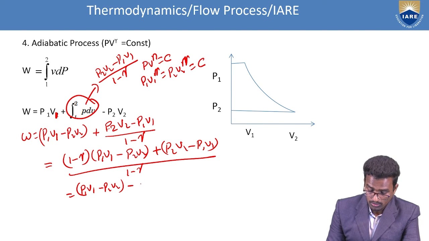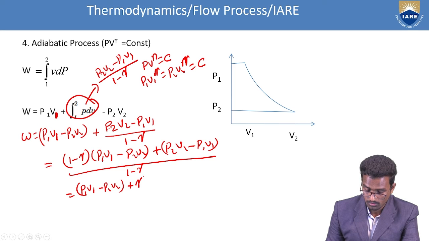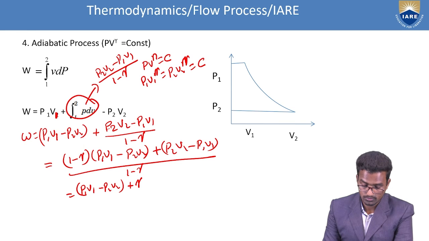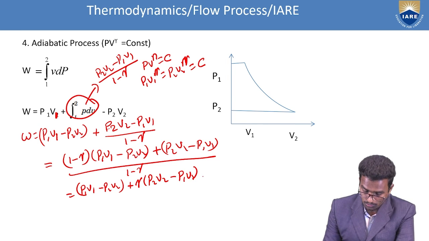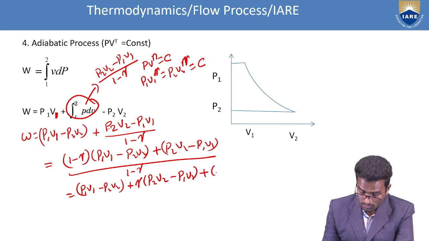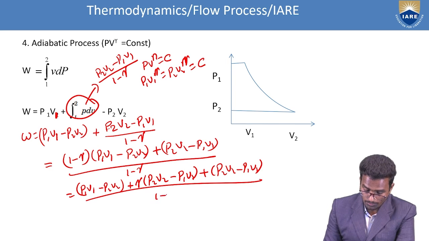I bring the minus inside, and you get the positive gamma. What is the value? It is P2 V2 minus P1 V1, plus here also you get P2 V2 minus P1 V1 by 1 minus gamma.